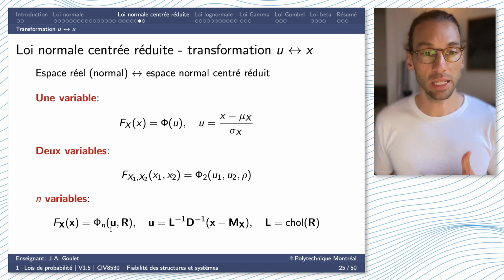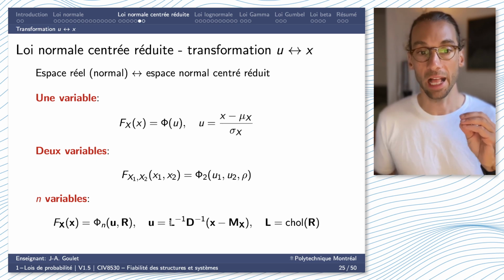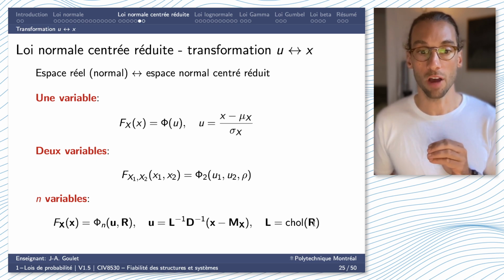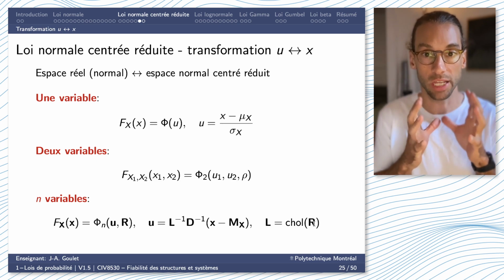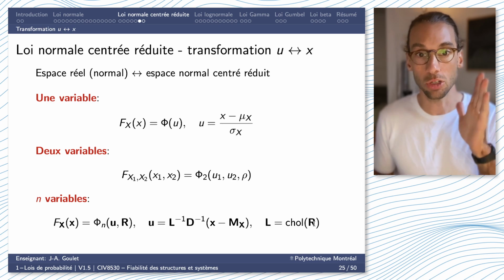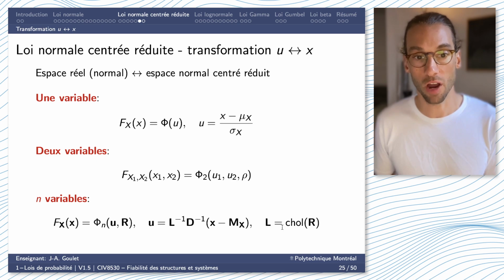In the multivariate case, we have this general case where R could be non-independent. Going from X, the original space, we can go to the standard normal correlated space by using the inverse of L, where L is the Cholesky decomposition of R. The Cholesky decomposition of a square matrix is a factorization such that we can decompose R into L times L transpose, giving that triangular decomposition.